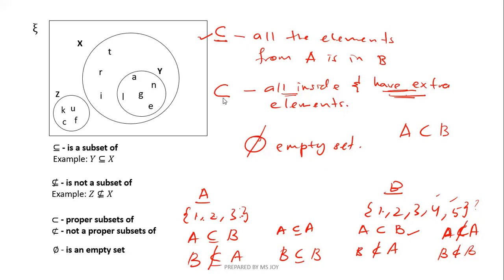Okay, good. All right, and then empty set. What is the meaning of empty set? Look at this diagram. Let's say I draw a small tiny set here. This is set J, myself. Set X has elements, set Z has elements, set Y also has elements, correct or not?